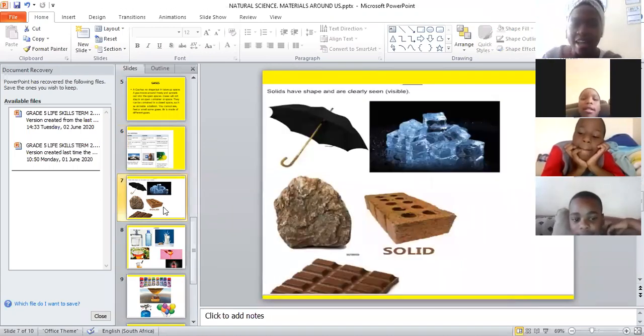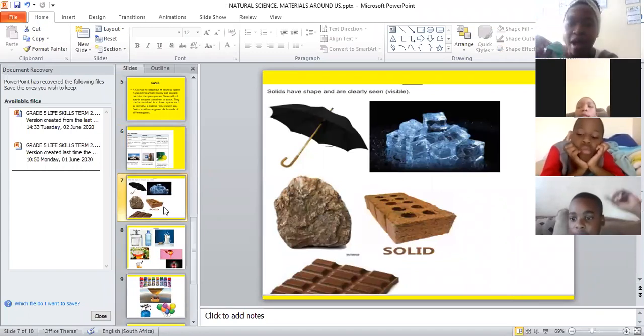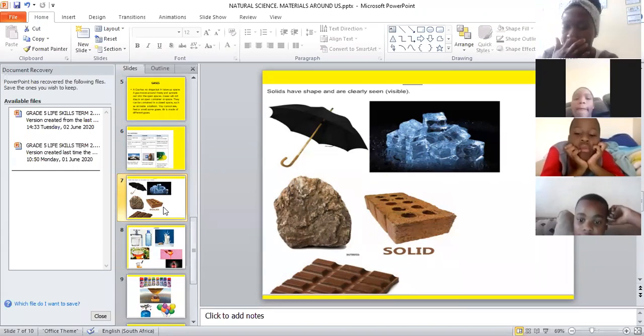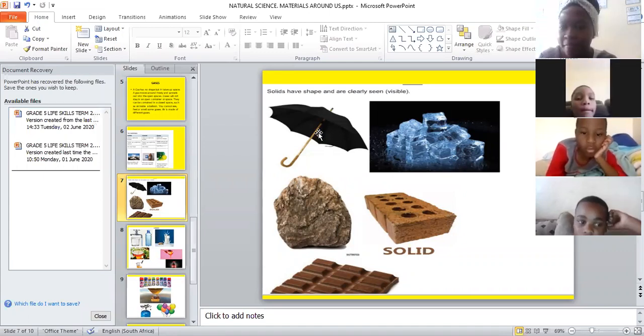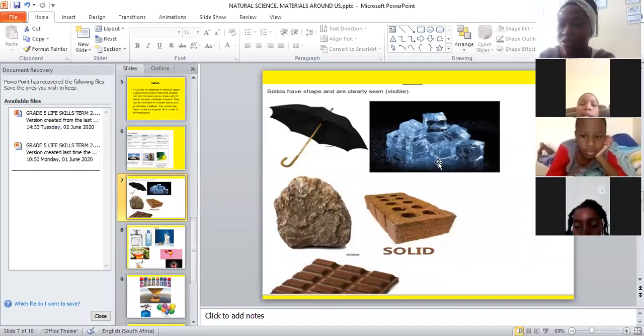Someone told me, looking at those pictures there, we all have solids on those pictures. So what is number one? Umbrella. Thank you. Number two, ice.